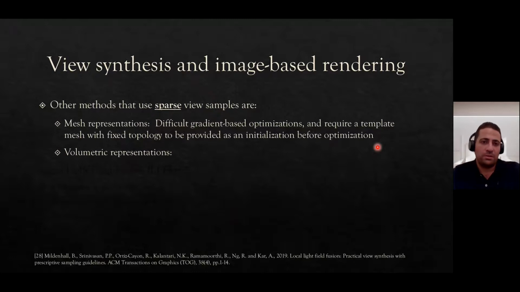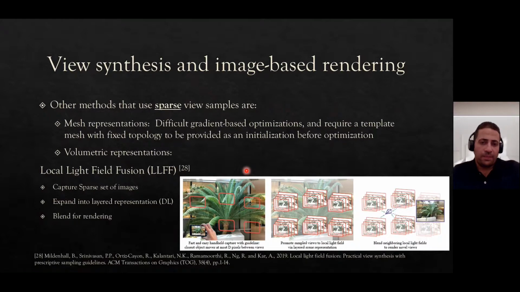Now, the second one, which uses sparse input views, is called volumetric representations. Now, this is an important one because we will use here two of the papers presented in the related work section. So the first one is called local light field fusion, LLFF. Now, basically, the idea, without going into too much detail, is it gives a guide on how to capture images.